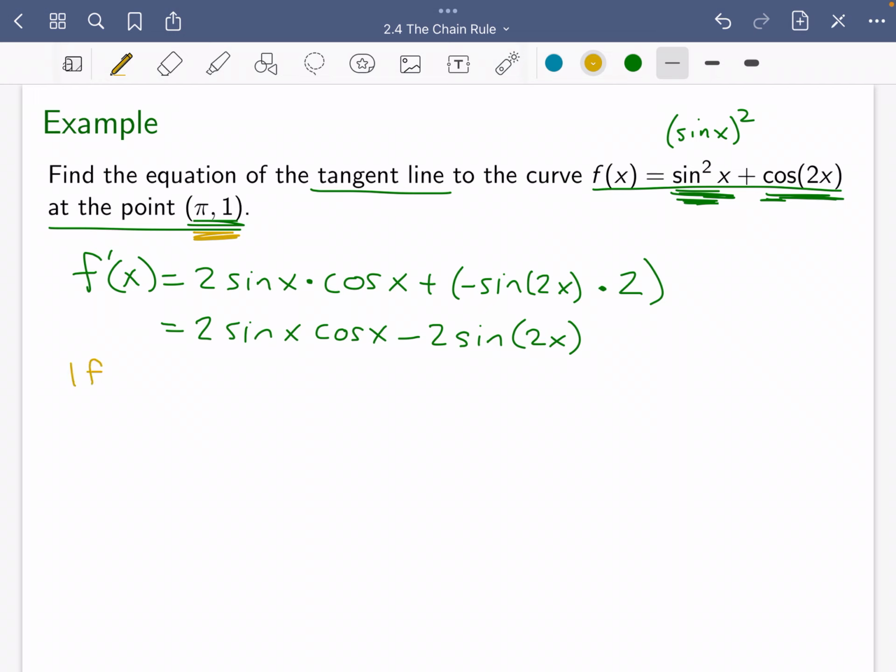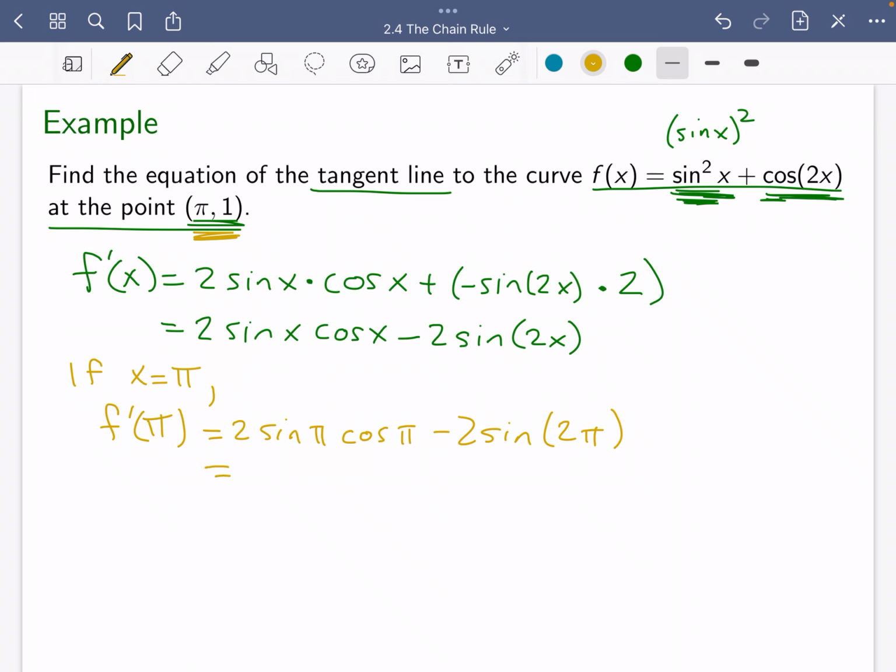I meant if x is equal to pi, then our derivative at that point is 2 sine pi cosine pi minus 2 sine 2 pi.